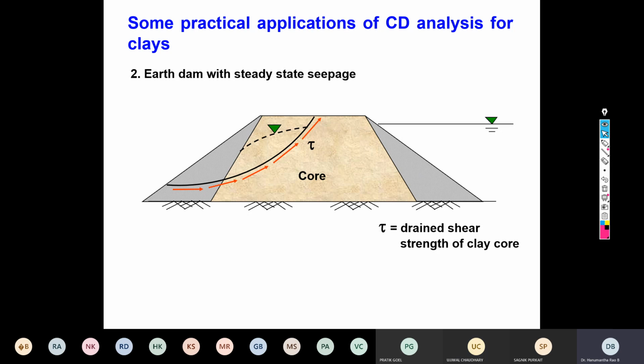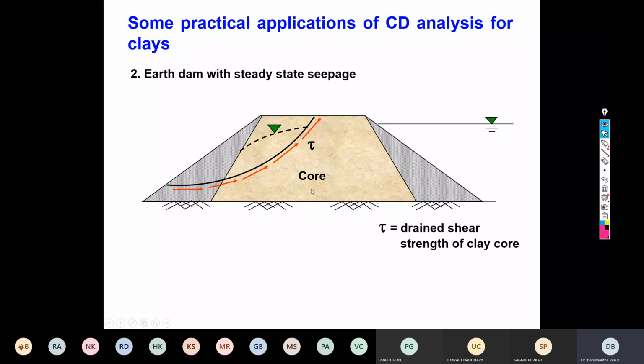But in these conditions, for example in this case, what happens? You built an embankment here. Initially there was an undrained condition during the construction. Because when you are compacting the soil, you pour some amount of water and allow that water to be retained.